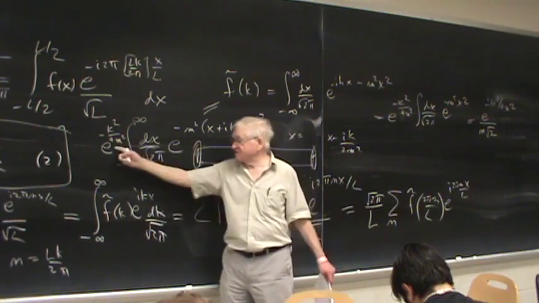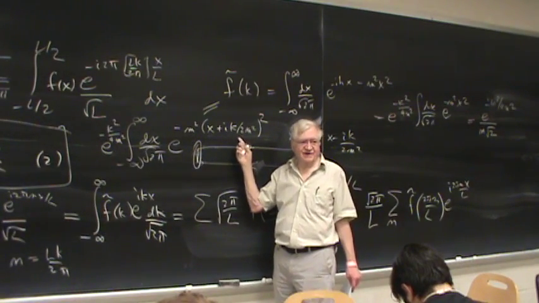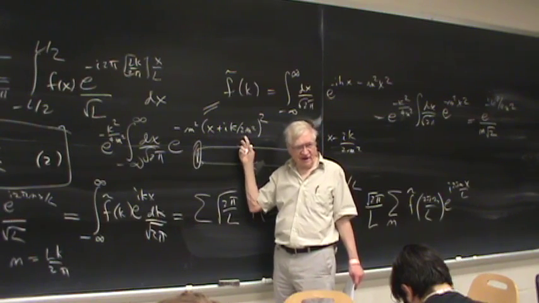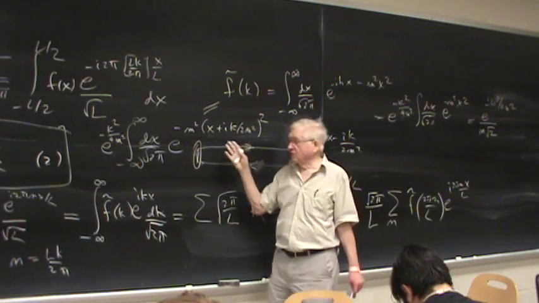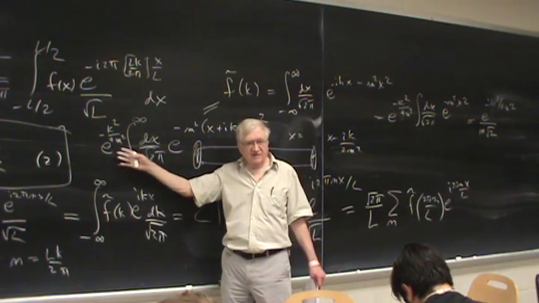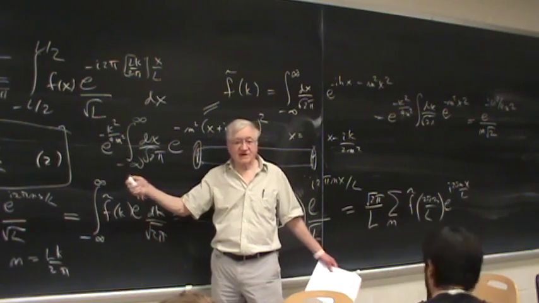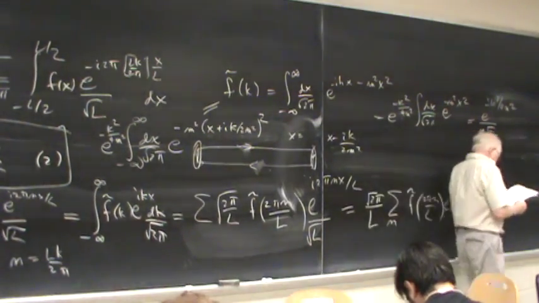The k dependence is here, and it looks as though it's here, but it's never here, because you can always shift this so this one goes away. So there's no k dependence here. This is just a number. All the k dependence is there. And that's true of all Gaussian integrals. In fact, it's why a Gaussian transforms as a Gaussian. Okay, so this is the answer.